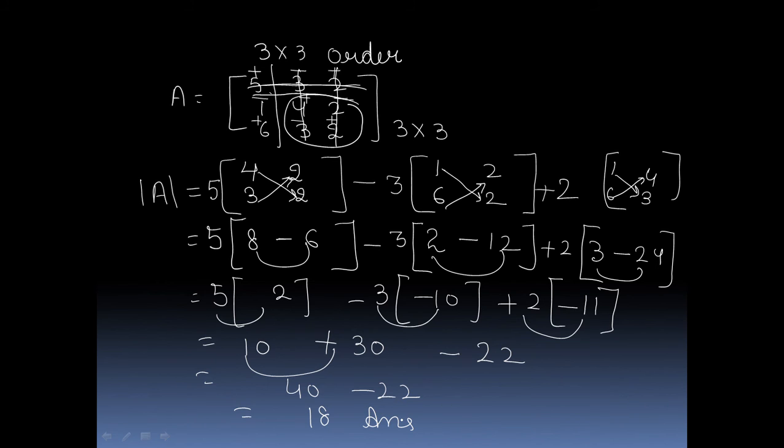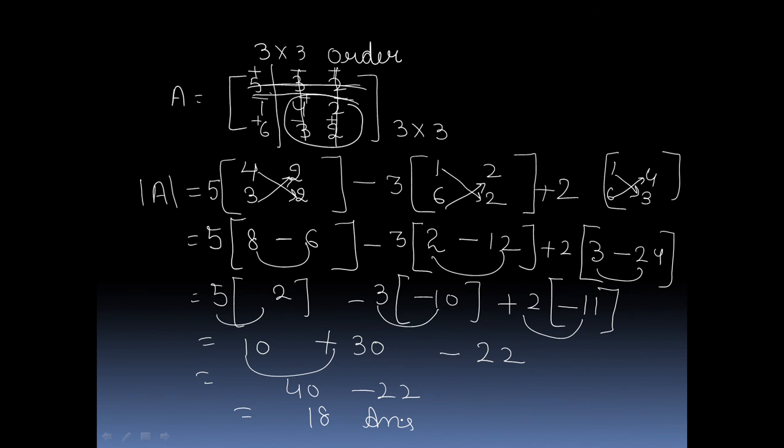In this question we take according to the first row. When we take according to the second row, then we have to leave the second row and first column in the first square bracket. In the second square bracket, we leave the second row and second column. In the third square bracket, second row and third column.